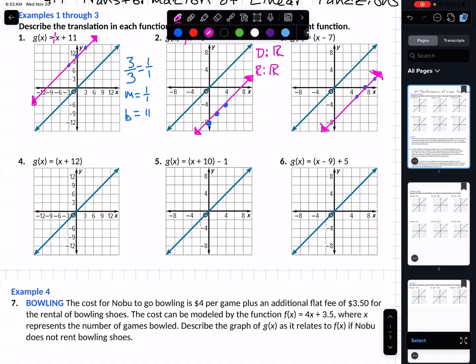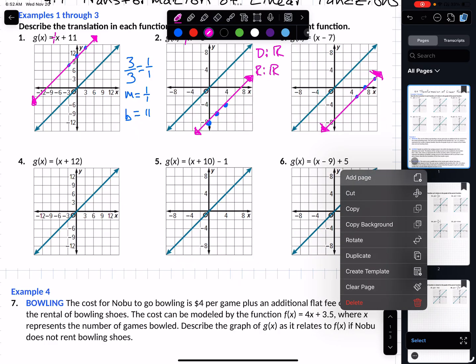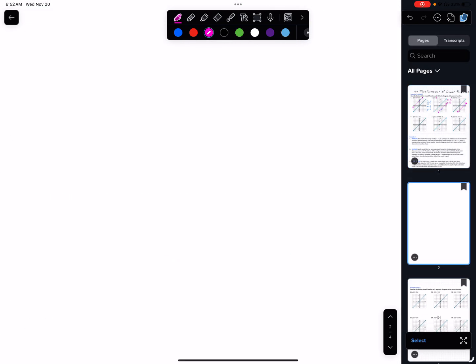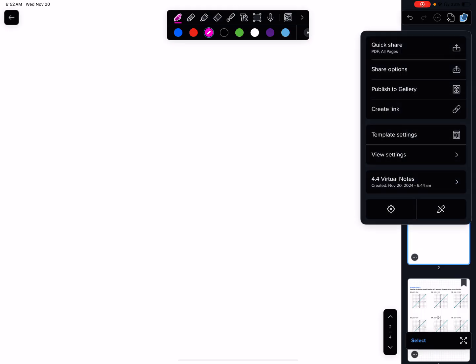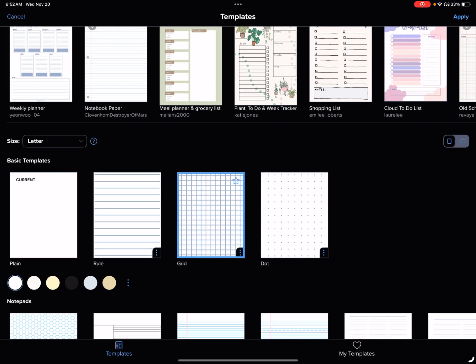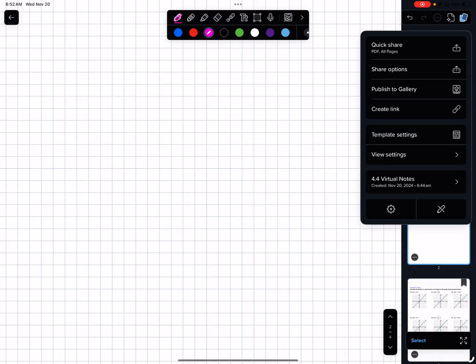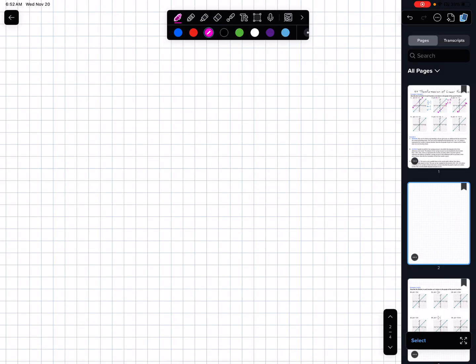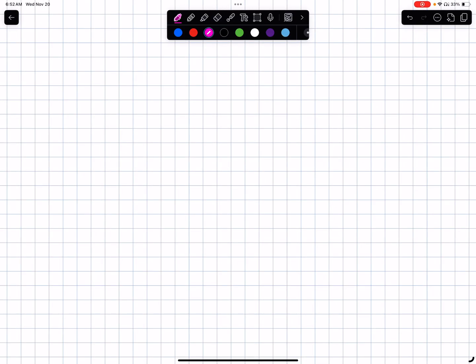I'm going to add a page here so we can write our rules down. So if we have a function, it's y equals, it could be f of x, g of x, h of x, the letter does not matter. Just generic y equals mx plus b form.